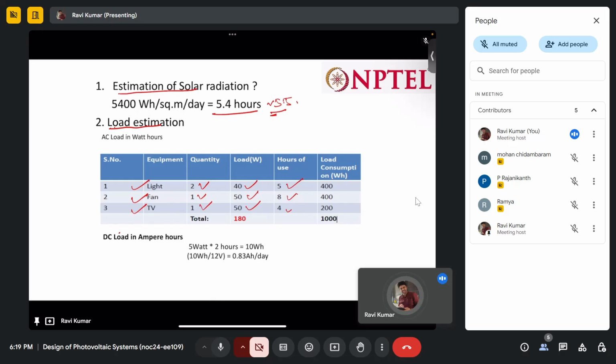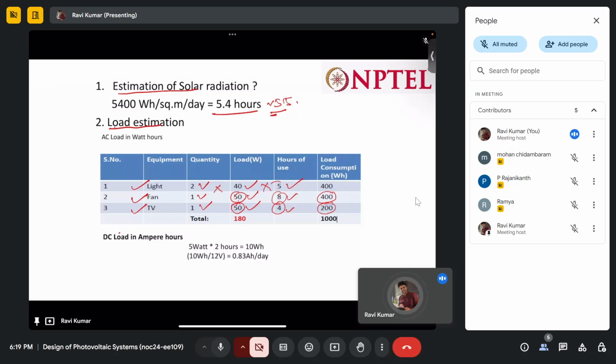If we multiply this with this, we can get the watt hour. Because we have 50 watt running for 8 hours, it will be around 400 watt hour. We have 50 watt running for 4 hours, it will be around 200 watt hour.